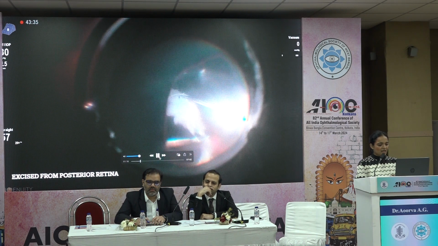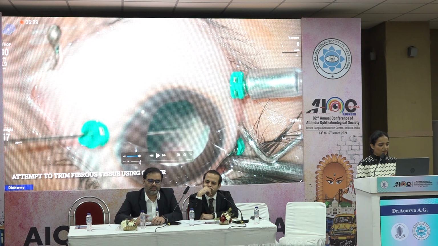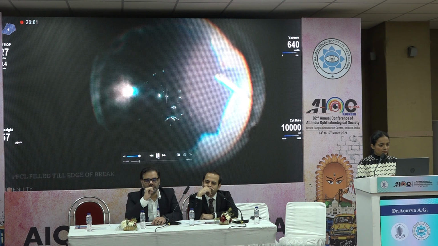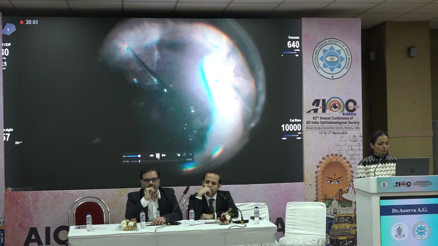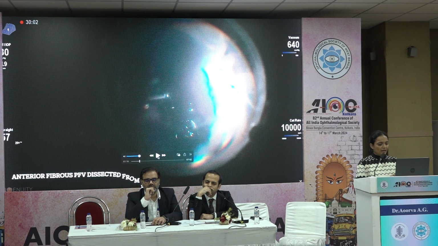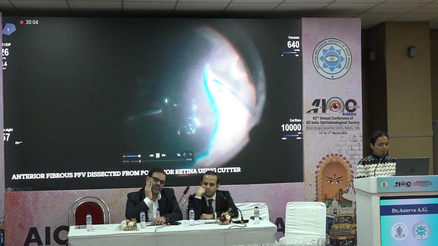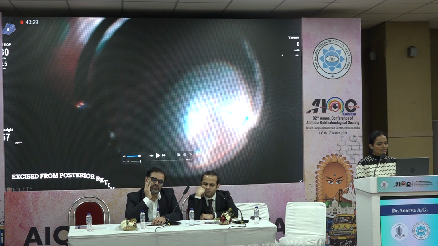Now just see how difficult it was to trim this fibrous tissue. This is the fibrous tissue, and I'm trying to dissect it from the base. It was very difficult. You can see it is very stuck. Now what I'm doing is bimanually dissecting it from the base.